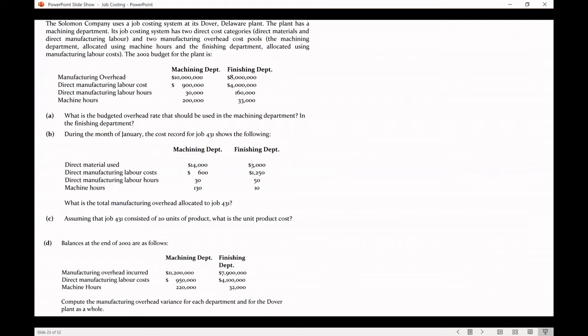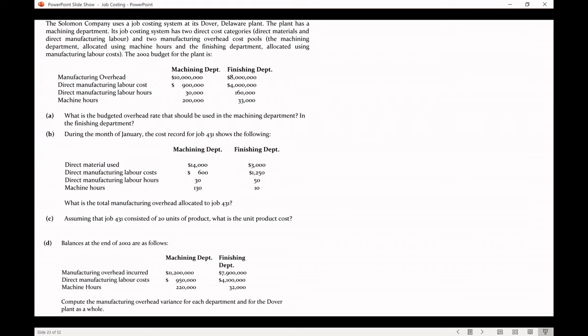This is your actual manufacturing overheads, right? Then you have your direct manufacturing labor cost, which is the cost driver for the finishing department. So this is the actual cost. This is what actually happened. And you have machine hours, which is the cost driver for the machining department. And this is your actual machine hours, right?